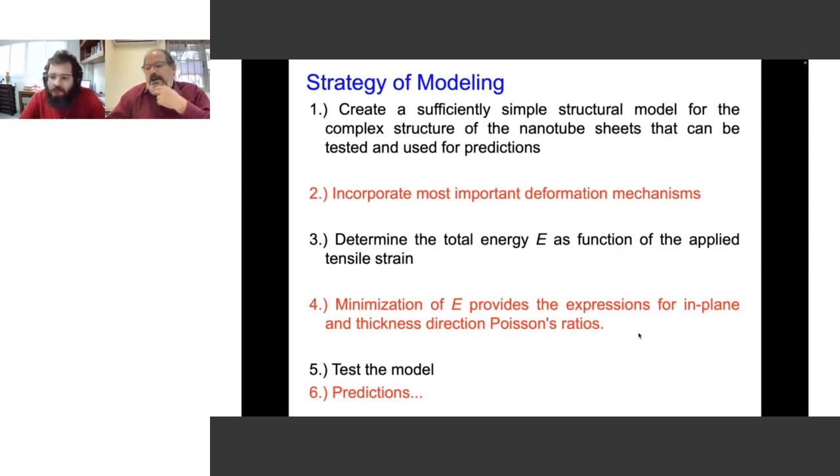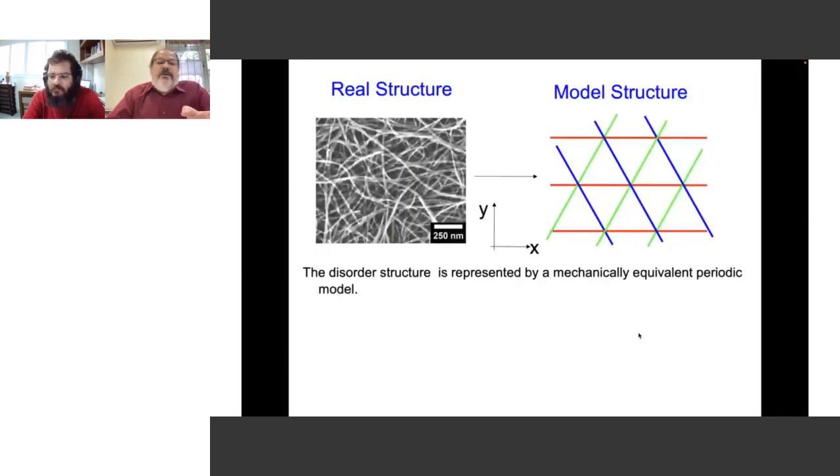Then you could combine molecular dynamics simulation for small models and incorporate analytical expressions for the energy and for estimating the Poisson ratio. So this is a real structure. We have to make some simplification, but we cannot lose the physics. So it's a trade-off of the structure, but keeping the physics in it, right?